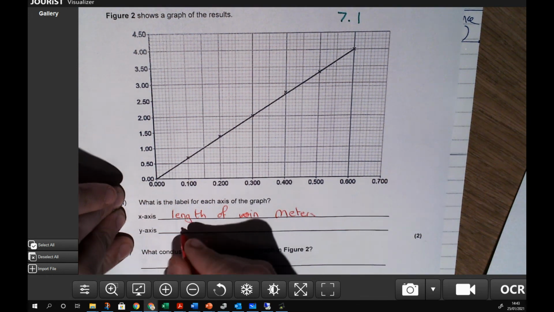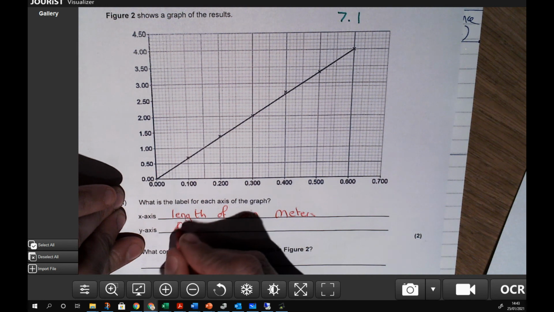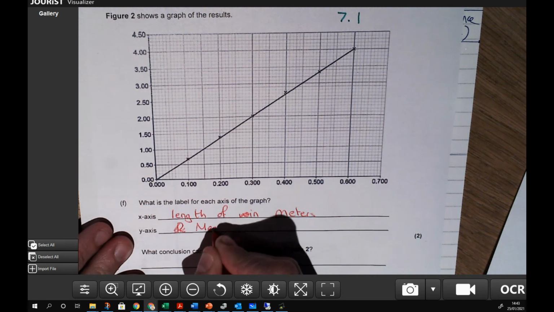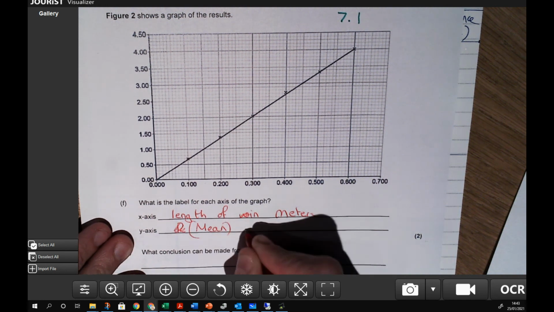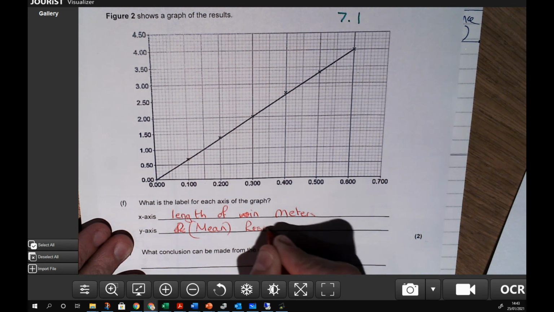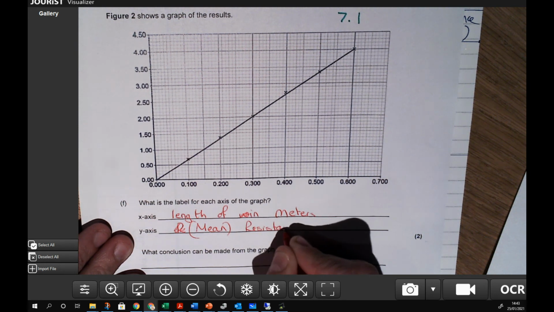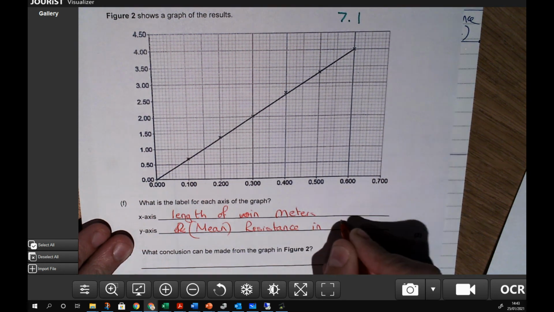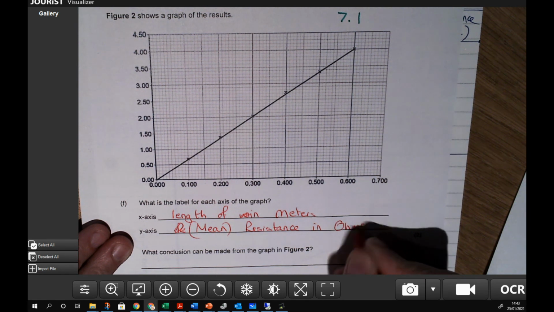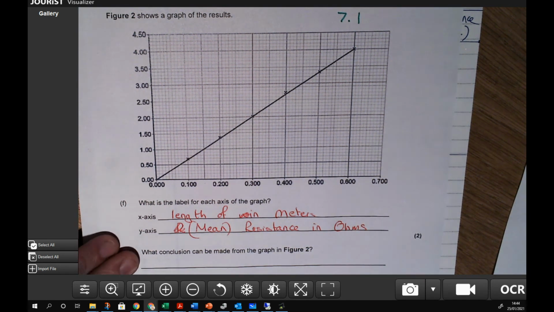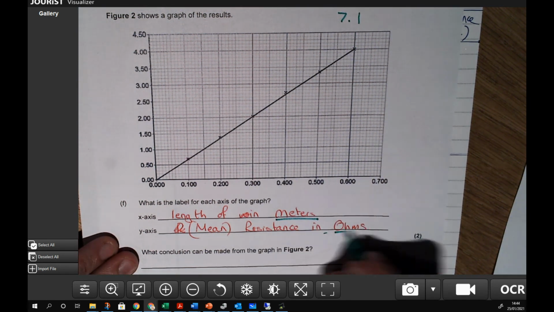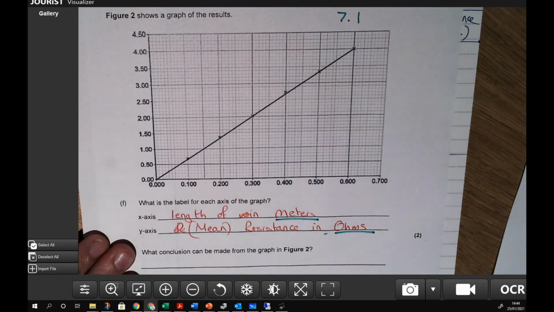And our y-axis is resistance, or mean resistance. In ohms. You must put the units. They are critical. If you don't put those, you cannot get the marks.